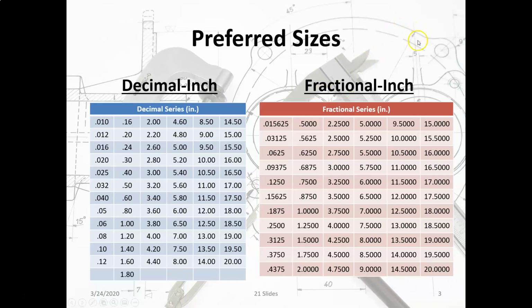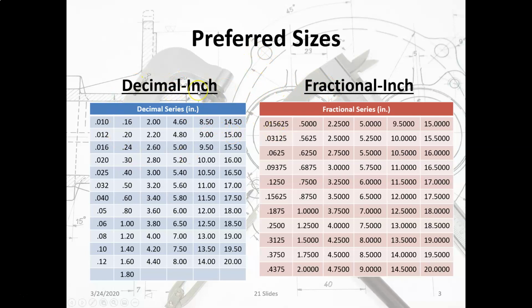Obviously, the start was with fractional. Back in the World War II era, dimensions were fractional. There wasn't really any kind of digital at all. There weren't computers. Later, decimal inch came in, and we have computers and now CNC. So this is really the same thing: decimal inch and fractional inch preferred sizes.